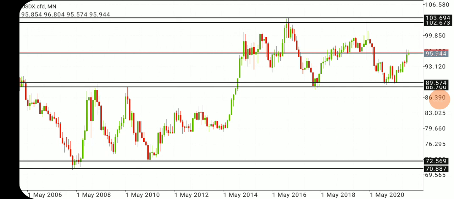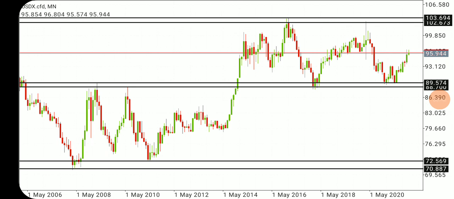So, actually, the US dollar index, guys, let me first explain what it is and how it affects most of the USD pairs.